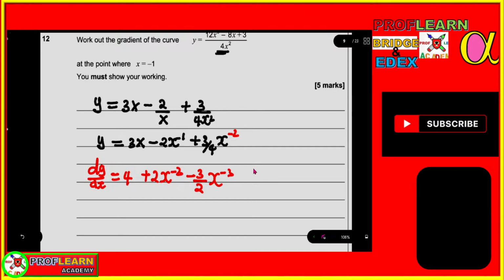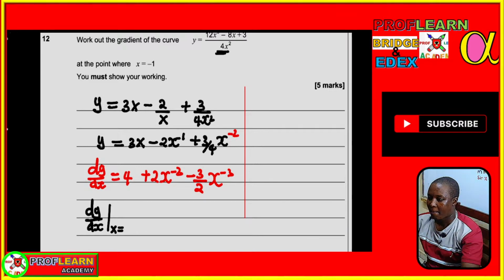Then we are supposed to evaluate the gradient at x equals negative 1. So we are going to say dy/dx at x equals negative 1.